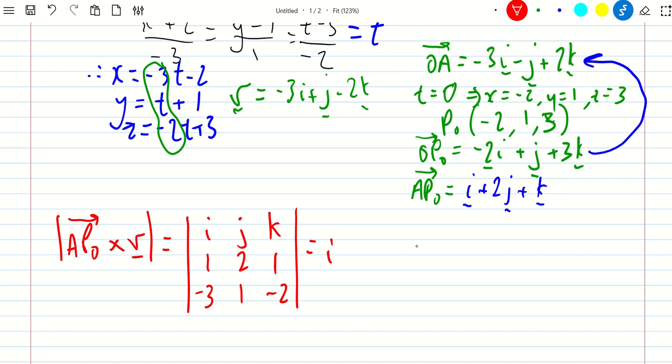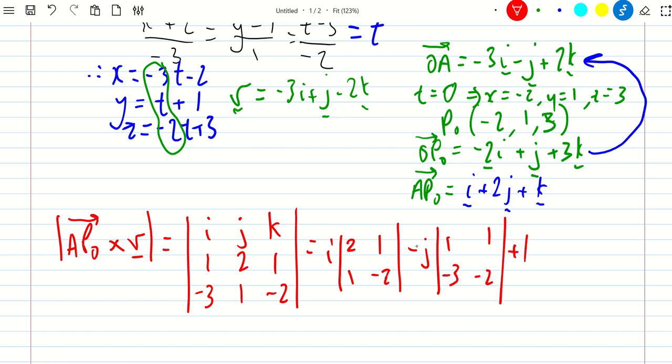Which is equal to i times the determinant of 2, 1, 1, -2, take away j times the determinant of 1, 1, -3, -2, plus k times the determinant of 1, 2, -3, 1.